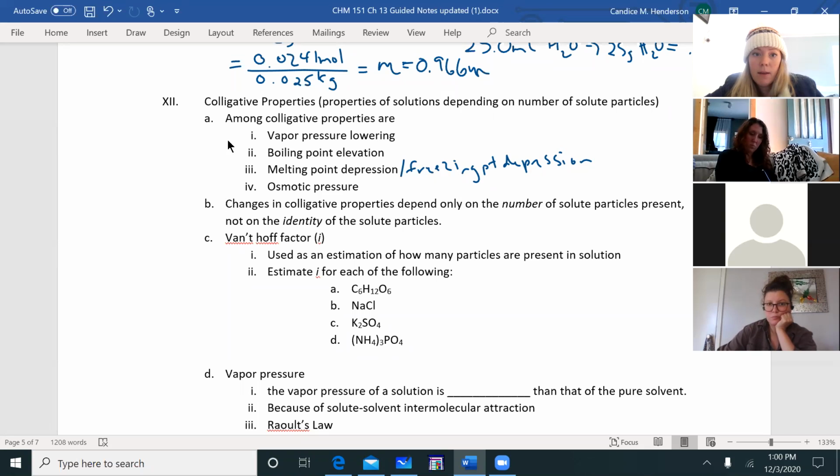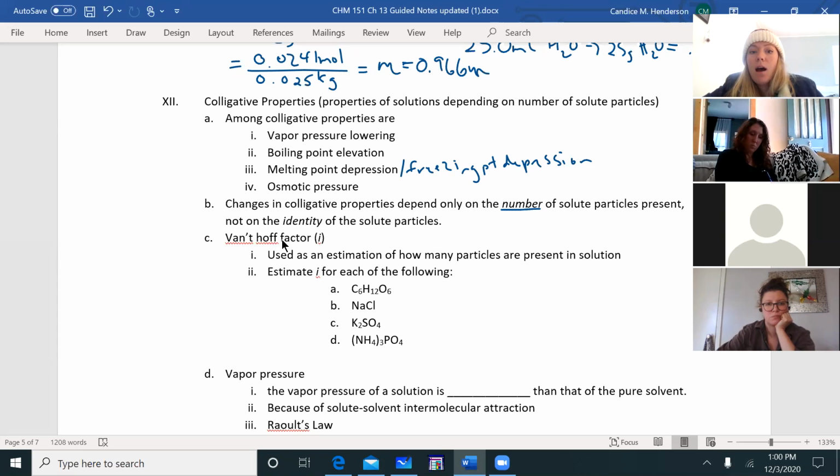Now, an interesting thing about these colligative properties is that the changes depend only on the number of solute particles present, not on their identity. So it doesn't matter that one has Na in it and one has K in it. It doesn't matter what the actual thing is, it's how many particles you are getting in the solution.